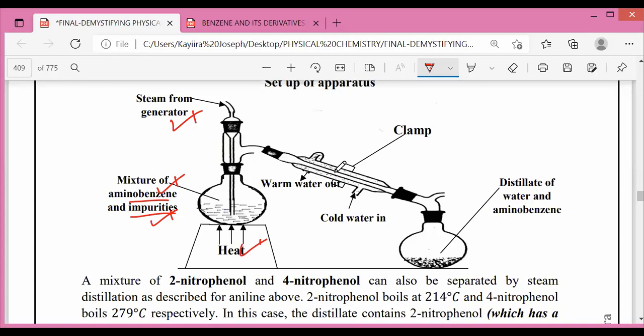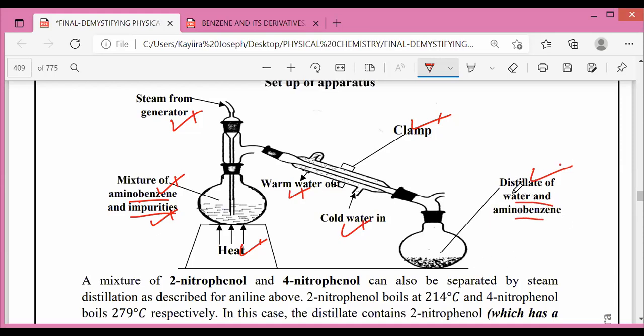So the result is water here in the what? How do we call this apparatus here? Condenser. So introducing cold water, it cools that steam containing the volatile substance, which in this case is the aminobenzene. As it cools, the warm water gets off. The distillate of water and aminobenzene is collected here.